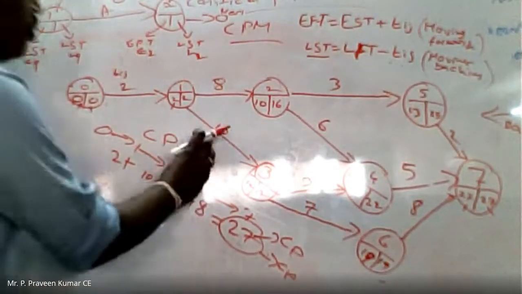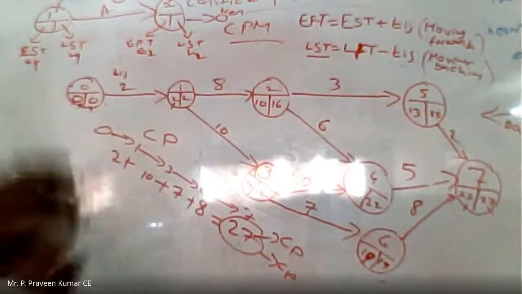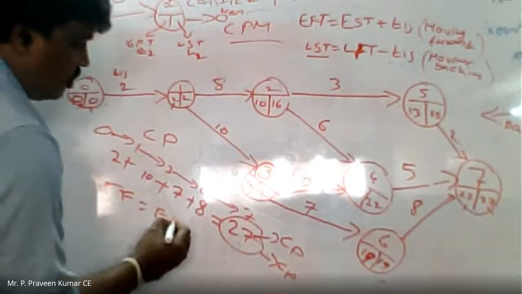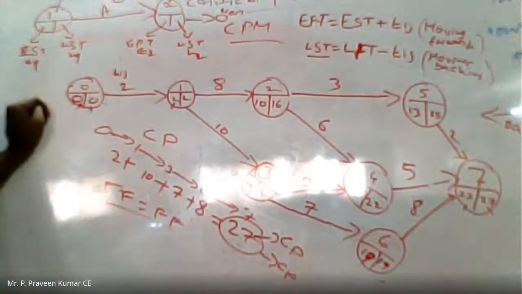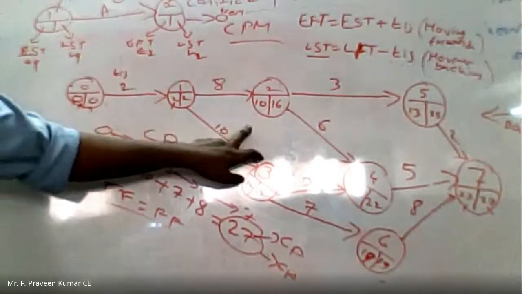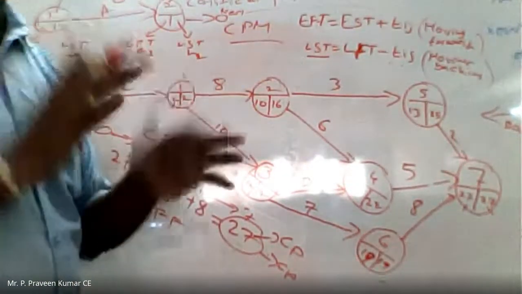Now half of the problem is over. Now we need to calculate the total float and free float based on this network diagram itself. If you calculate the total float and free float, then the problem is over.